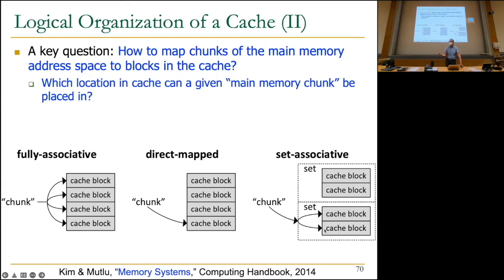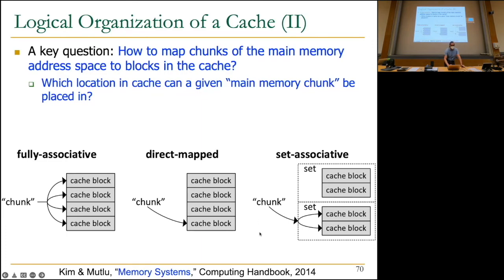This is called a two-way set associative cache. It's somewhere in the middle, as you can see. Within the set, you need to search the given chunk address across multiple different cache blocks. But across sets, you don't need to search, clearly, because which set a chunk gets mapped to is determined based on a bit, again, in the address. In this case, 1 bit, because you have two sets, as you can see.